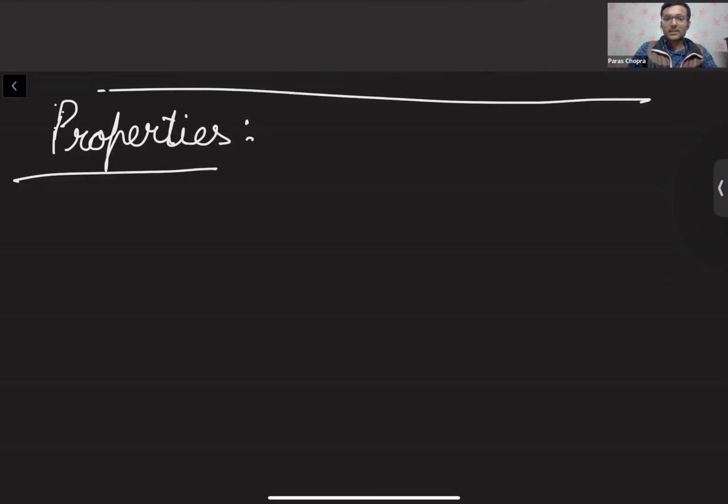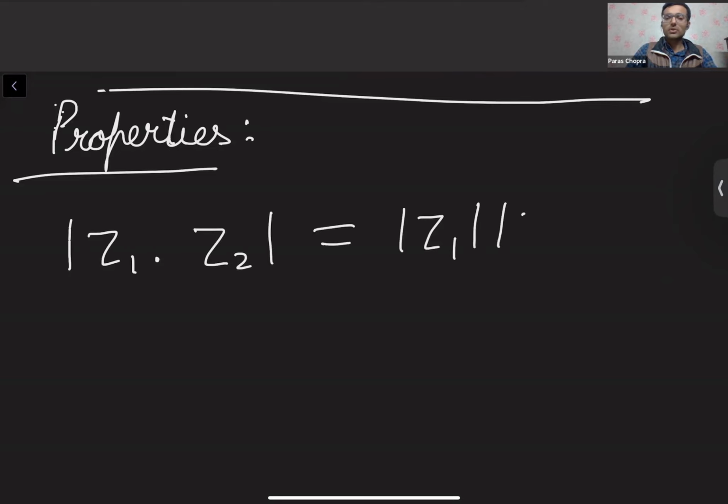Let us move further. Let us do properties of complex numbers. So पहली प्रॉपर्टी तो हम ऑलरेडी देख चुके हैं. प्रोडक्ट ऑफ मॉड्यूलस ऑफ प्रोडक्ट ऑफ टू कॉम्प्लेक्स नंबर्स is the product of modulus of individual complex numbers.